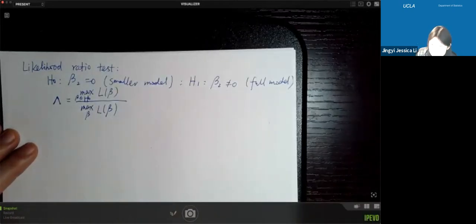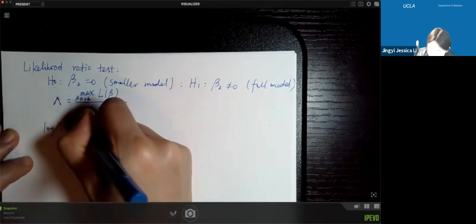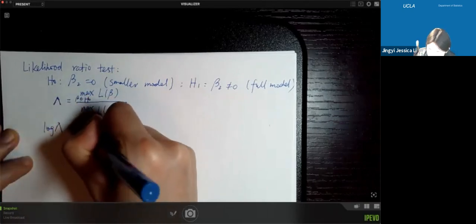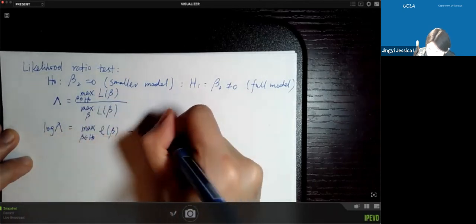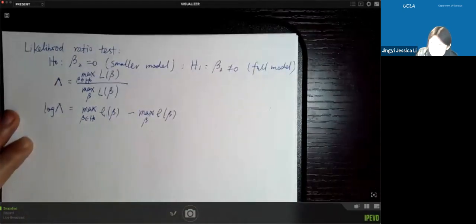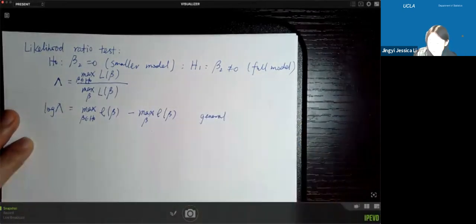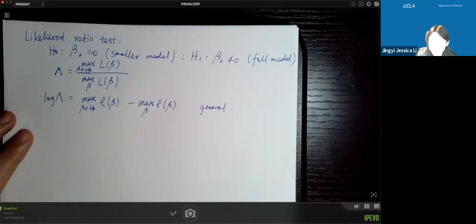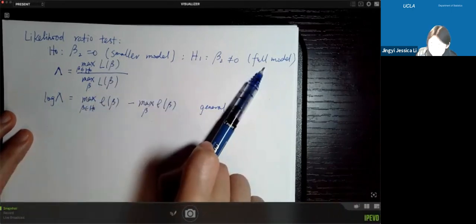Of course, it's often easier to deal with the log likelihood, so we have log lambda, which is just the max minus the max. Now this is the general form for the likelihood ratio test. It can be used for comparing two models, one nested under the other, so we can say the smaller model is nested under the full model.